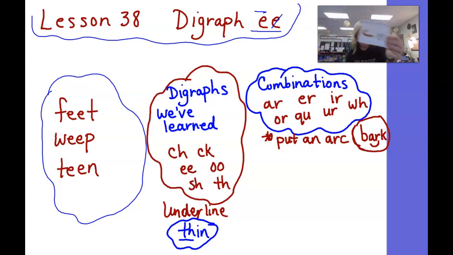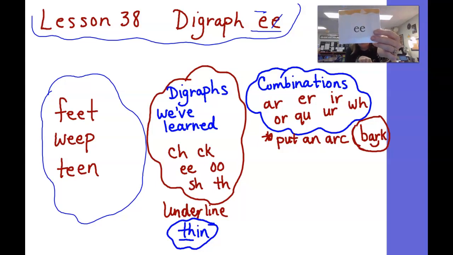Okay, all right, today we're going to do digraph EE. If you look at the board, in the first blue bubble, it has feet, weep, teen.